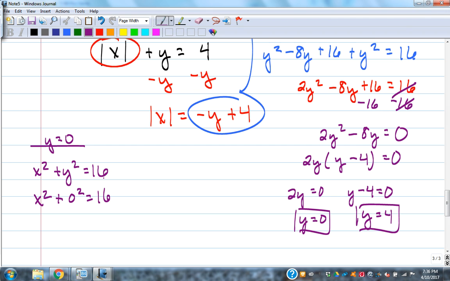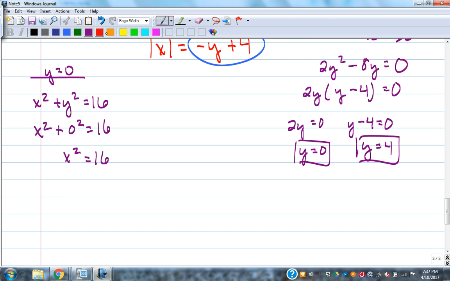What's 0 squared? So that'd just be x squared equals 16, right? That's a pretty easy one to solve. Take the square roots. Plus or minus 4. So we get ordered pairs 4, 0, and negative 4, 0 out of that.